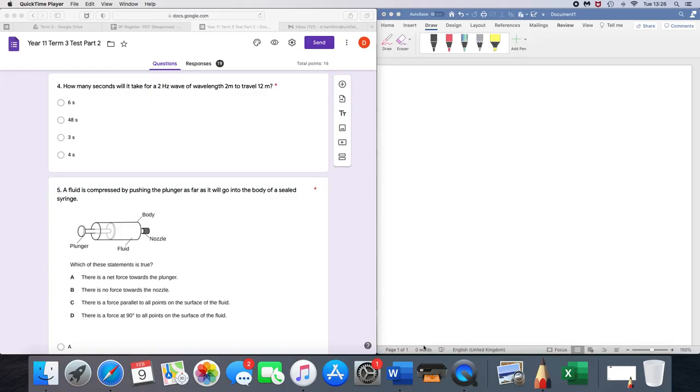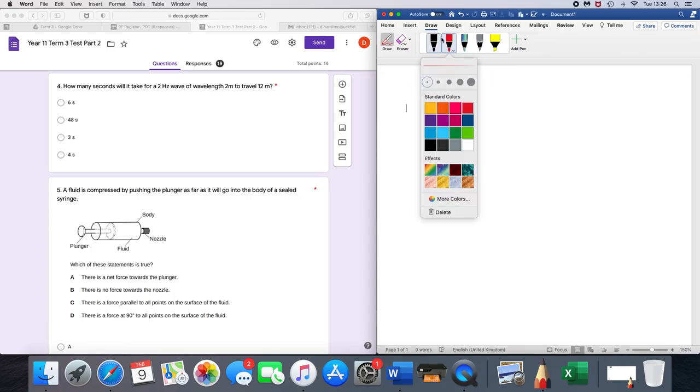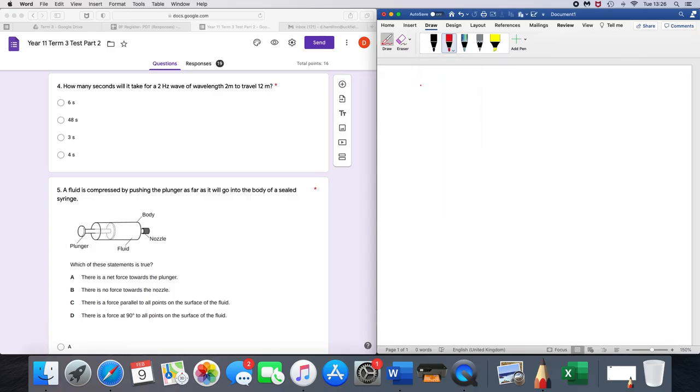Question 4 then. Those of you using the unlocked version of this were faced with an impossible question because the wavelength bit was missing from that question. Sorry about that. So question 4 then. We have 2 Hertz, 2 meter wavelength, and we want to know how long it takes to travel 12 meters.